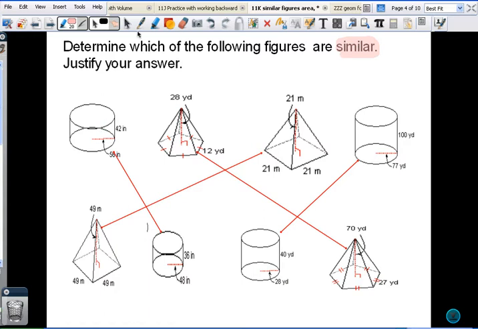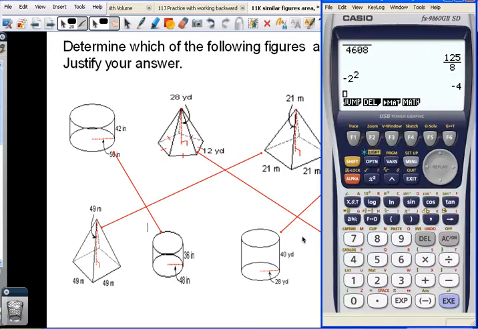So now to compare the two, we want to see if the ratio from the height of this cylinder to the height of this cylinder is proportional to this radius compared to this radius. Easiest way to do it is probably in your calculator. So if we take 42, and I'm going to use my fraction button, and put 42 over 36 and see what I get.